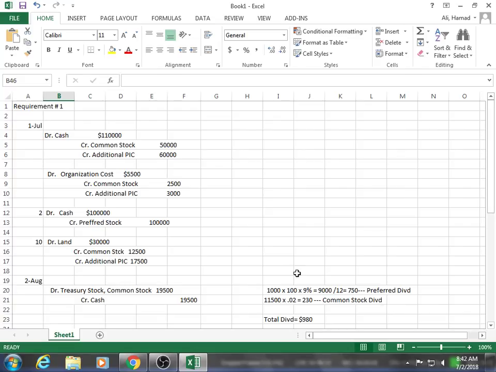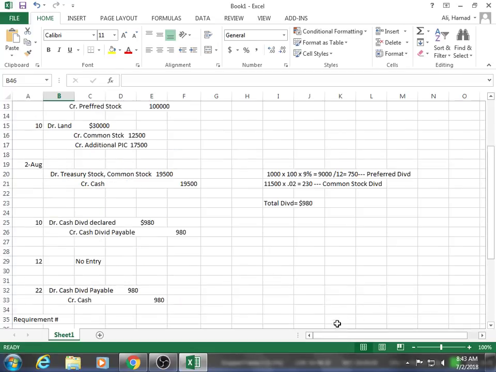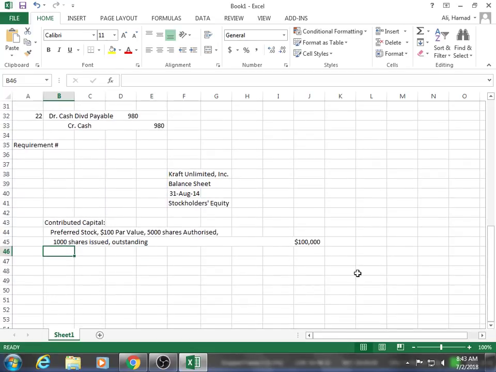No, it's preferred. Remember, that's what we were doing. Oh, no, we didn't have any additional PIC for preferred, just the organization cost. So that's all. No PIC for the preferred stock. Now we go back to the common. Okay, we're going to say common stock.